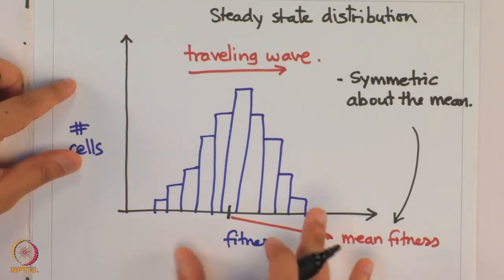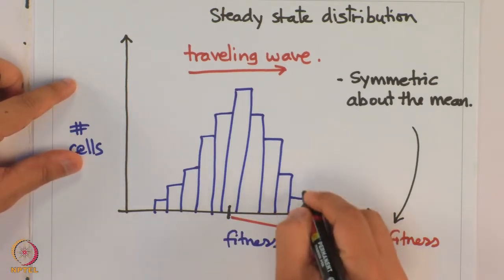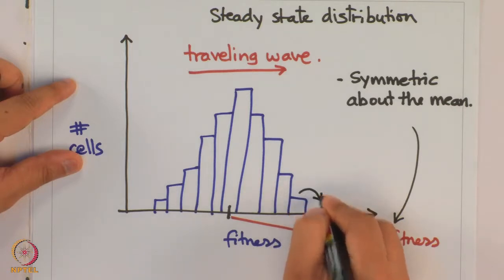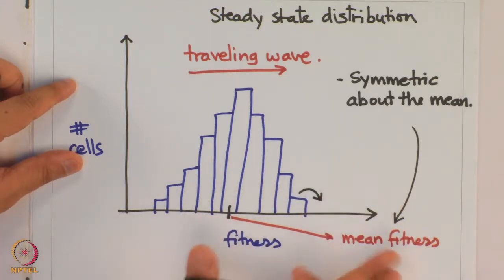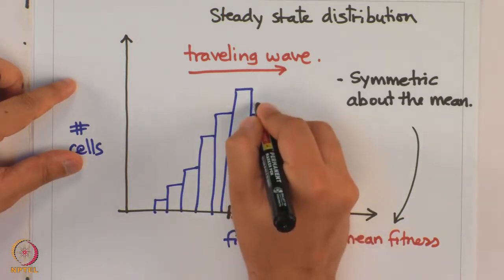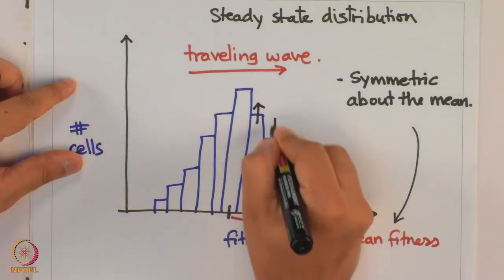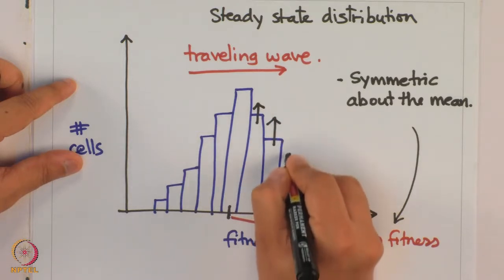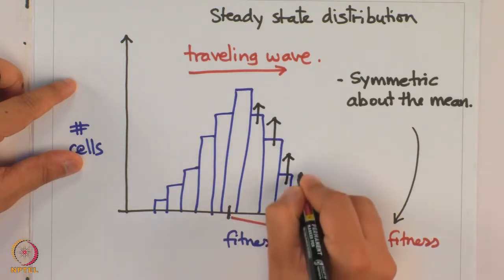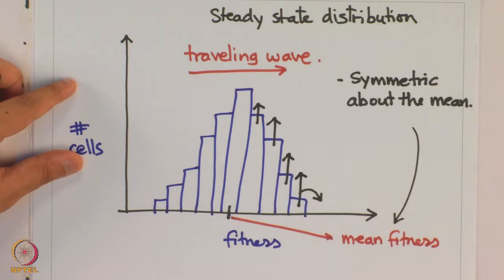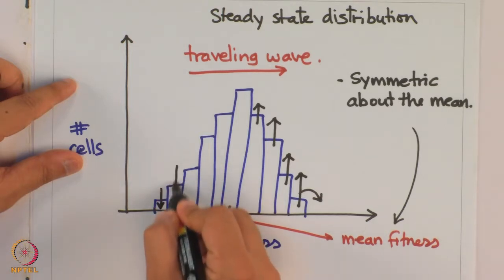And now we have new mutations occurring, which means this normal distribution is moving to the right as new mutations occur. In addition, selection is acting, and the frequency associated with those genotypes whose fitness is more than the mean will increase with time, and the frequency of those genotypes whose fitness is less than the mean will decrease with time.